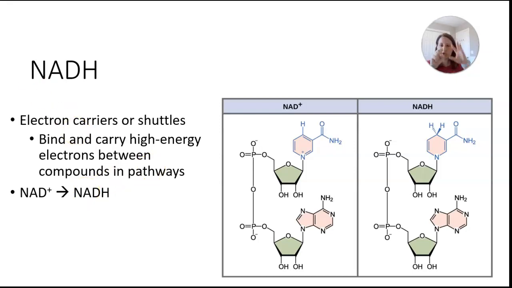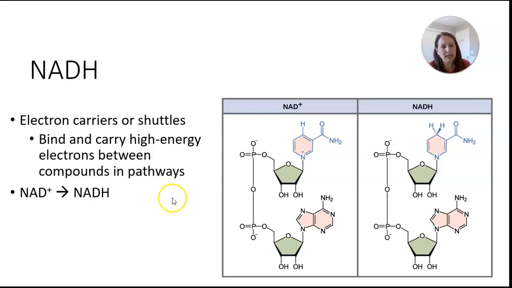Okay, so as we're stripping electrons off of glucose, NAD, which once it grabs those electrons will become NADH, that's the reduced form. NADH, as it's holding those high energy electrons, is going to shuttle or carry them to different parts in the pathway. So NADH represents a molecule that is responsible for transporting high energy electrons, which represent energy, from one part of a pathway to another.